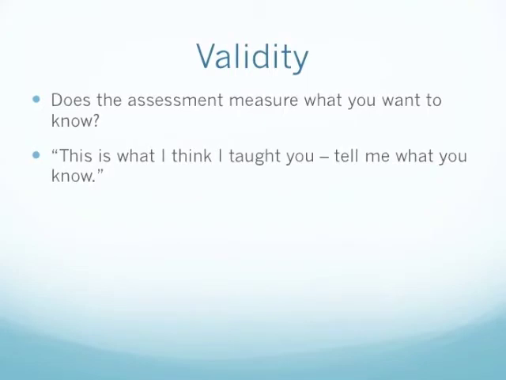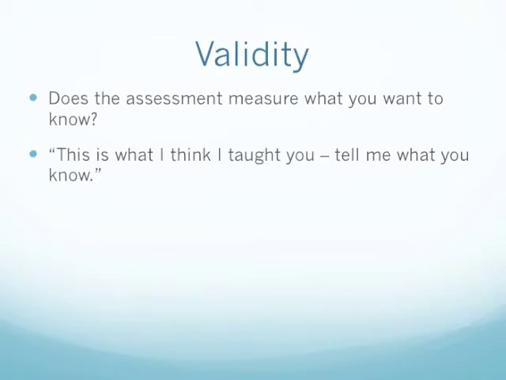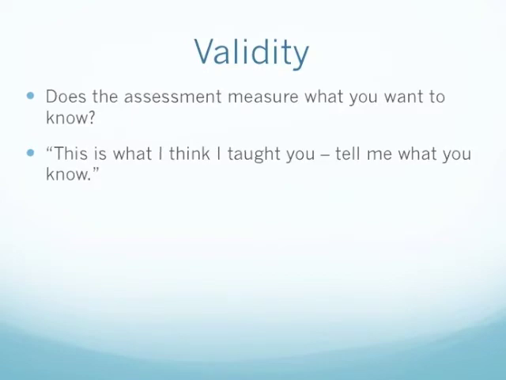When we're writing assessments, we want to make sure that we are indeed assessing those concepts that we have taught students and not a variety of other things. An example of this has perhaps happened to you, or perhaps you've done it yourself, where you have your entire test on, say, the Civil War, and then you throw in a couple of fun questions at the end that maybe have nothing at all to do with the Civil War.